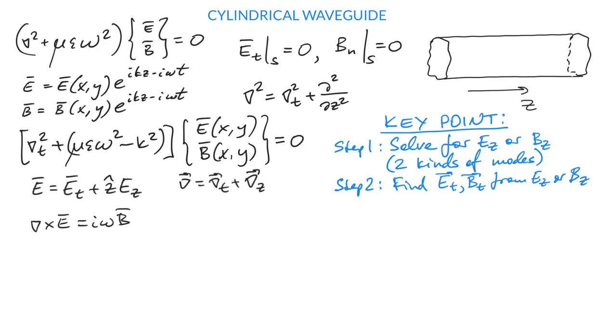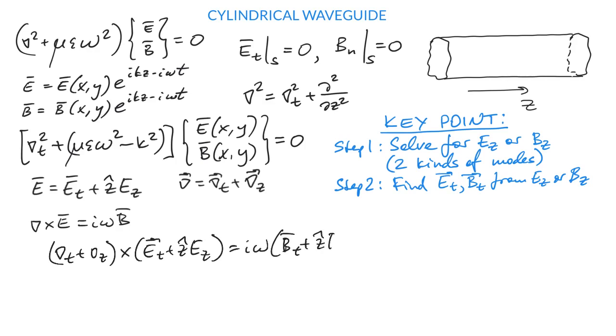This Maxwell equation then becomes (del_t plus del_z) crossed with (E_t plus z E_z) equals i omega (B transverse plus B axial). Now we want to separate the axial and transverse components of this equation. To do this, we can either dot it with z, that will give us the axial component, or we cross it with z. That will destroy the axial component and leave all the transverse ones.